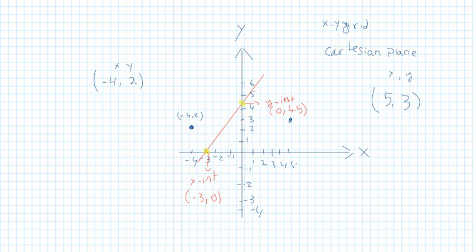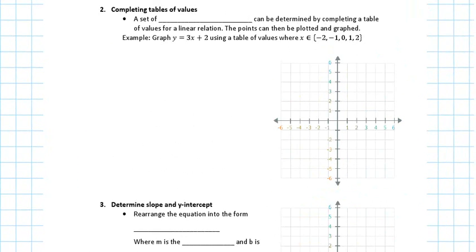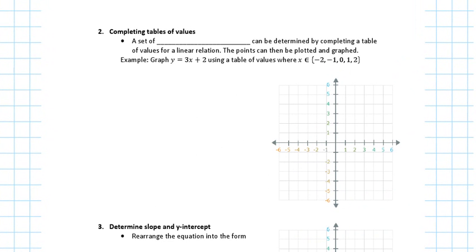The other method is by completing a table of values. Okay? Completing a table of values is probably your way when you're really, really stuck and you don't know what to do, how to graph. This is your method of escaping that and then trying to find a solution. Okay? So, a set of ordered pairs. So ordered pairs means points.